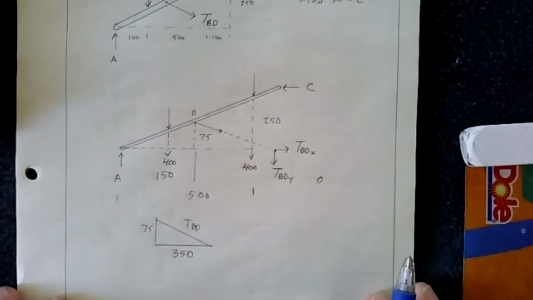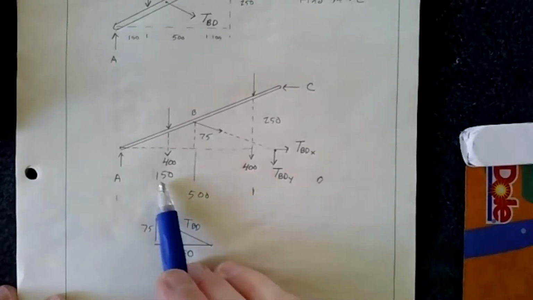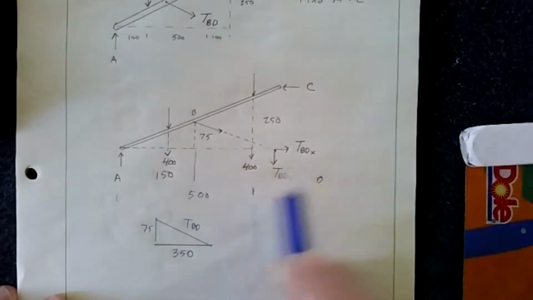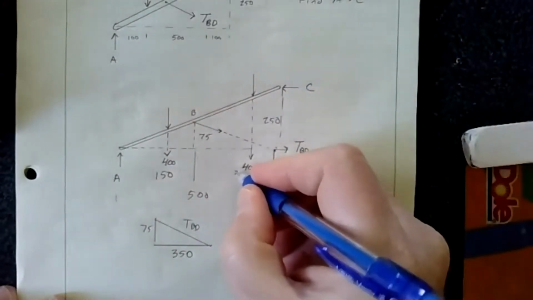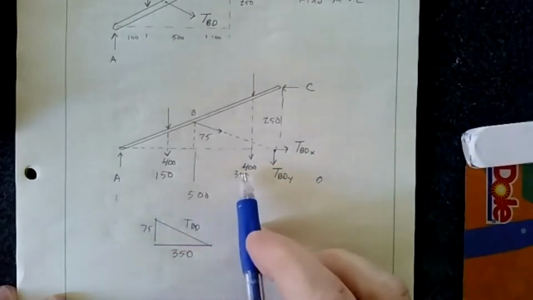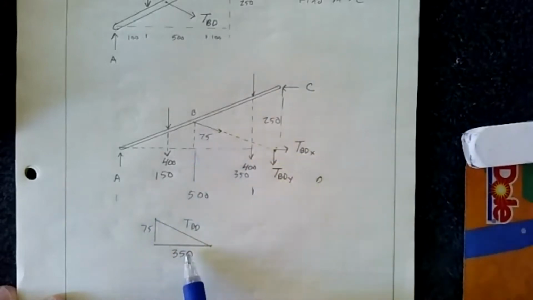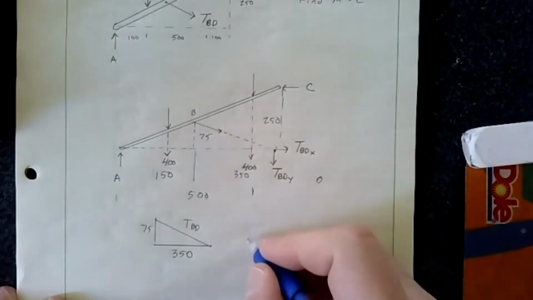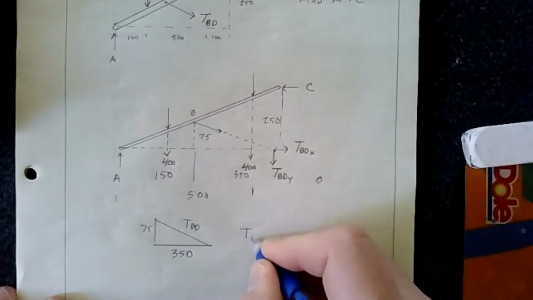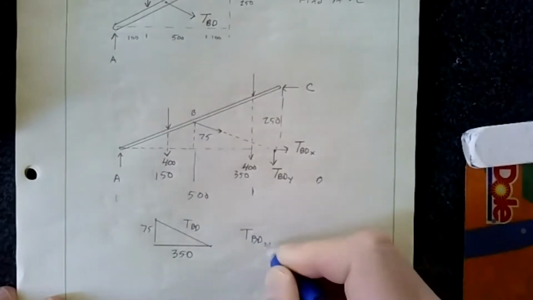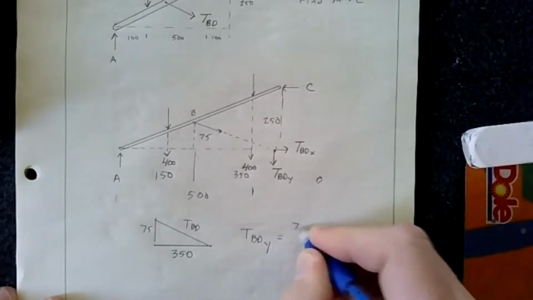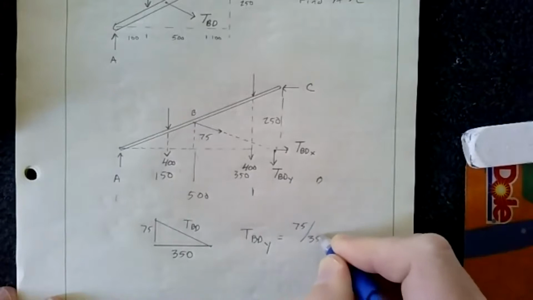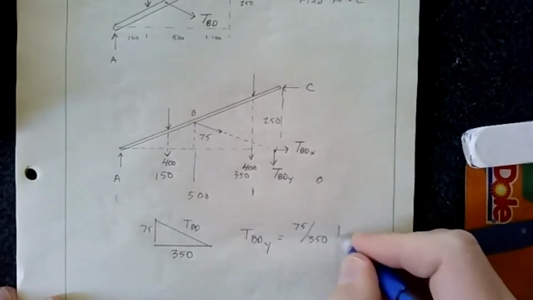Because if this is 150, the remaining distance from here down to here has to be 350, right? So I know 75 and 350 are those twos. So what I can do is write that TBD sub y, the force of TBD in the y direction, is going to equal 75/350ths of TBDX.